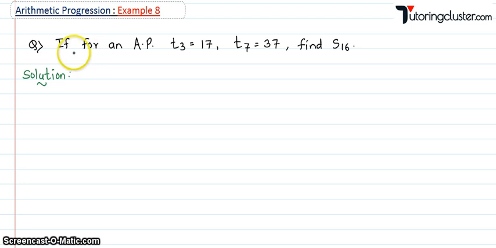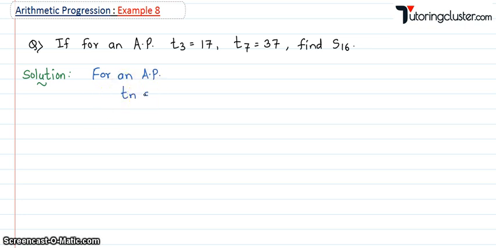The question says: if for an AP T3 is equal to 17, T7 is equal to 37, find S16. Okay, so we know for an AP, Tn, what is Tn?